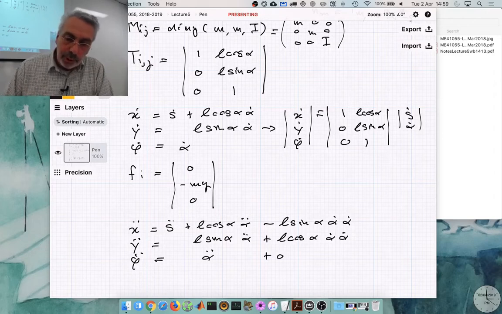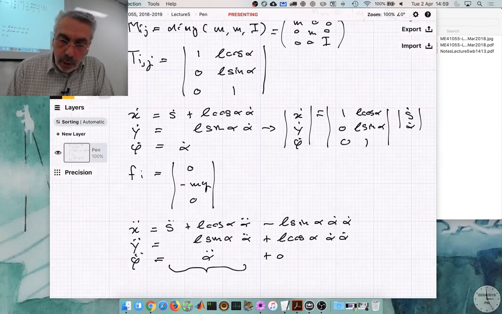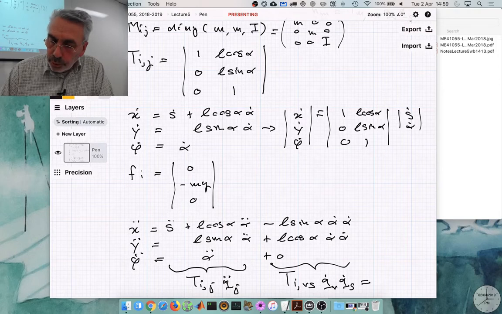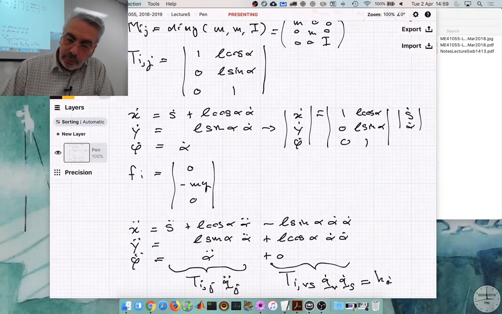There are no dependencies. So these guys are now this Jacobian, this T_ij q double dot_j, and these guys are this T_i,rs q dot_r q dot_s, or in other words h_i. This is just one vector.